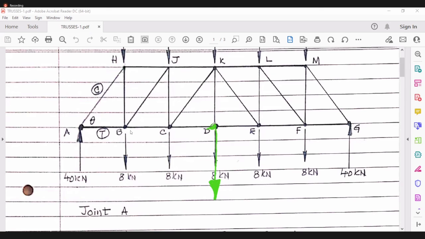The sum of the y components of all the forces is 0. CD has no force in the y direction. DE also has no force in the y direction. So DK must be pulling it upward, right? So this is 8 already. If this is 8 downward, then this is 8 upward.